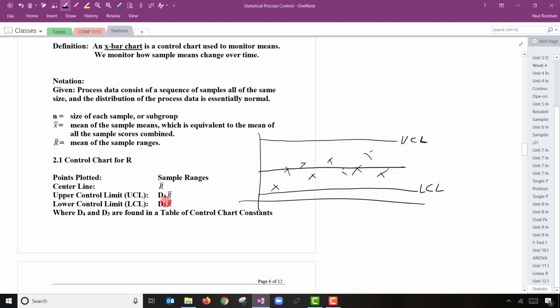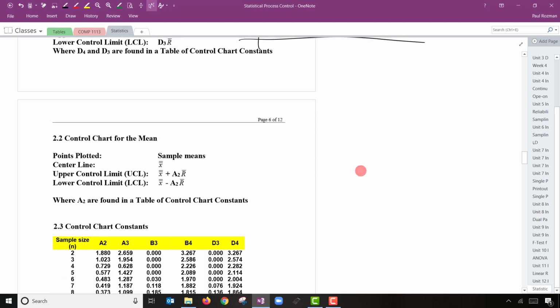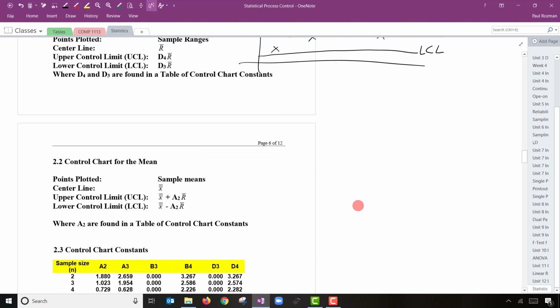But basically they break down to roughly 3 standard deviations above and 3 standard deviations below, where we're trying to avoid using standard deviation because that's a more advanced statistical tool compared to something as simple as the range. So we'll make a control chart for the means as well.